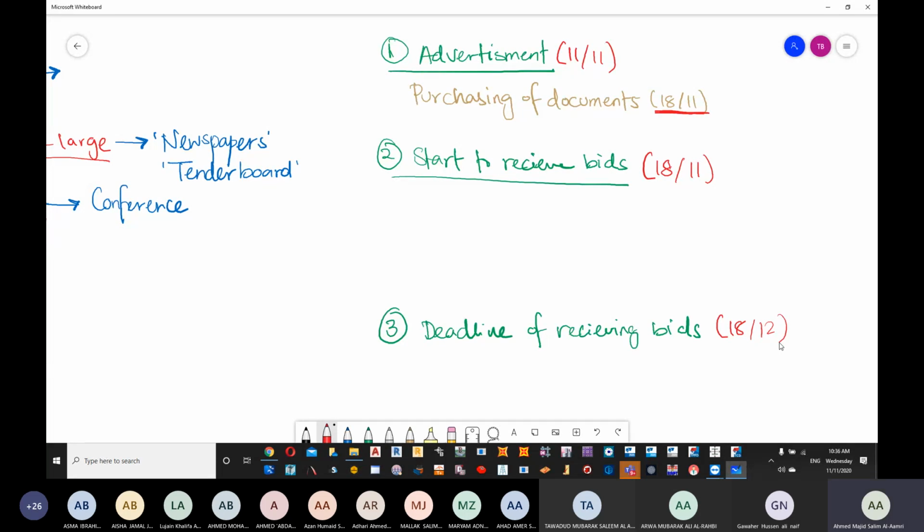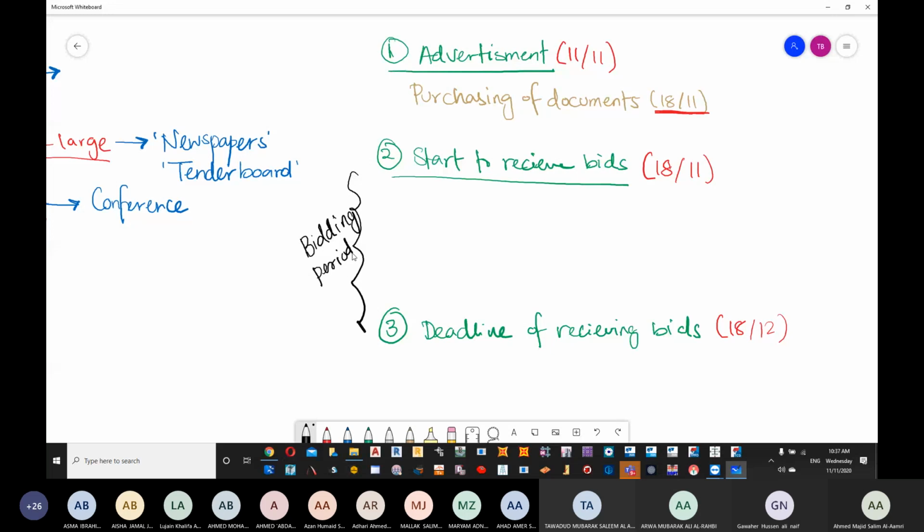So I can start giving my offer from the 18th of November to the 18th of December. And this process is called the bidding period.